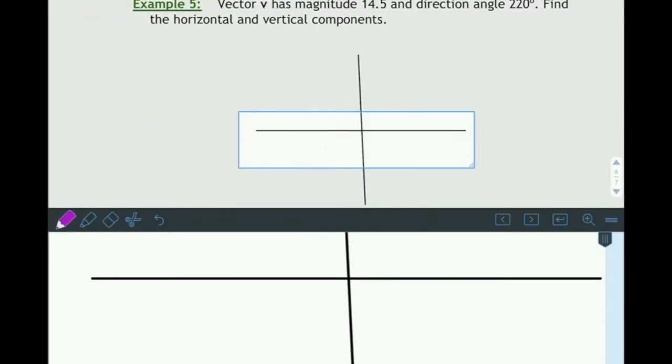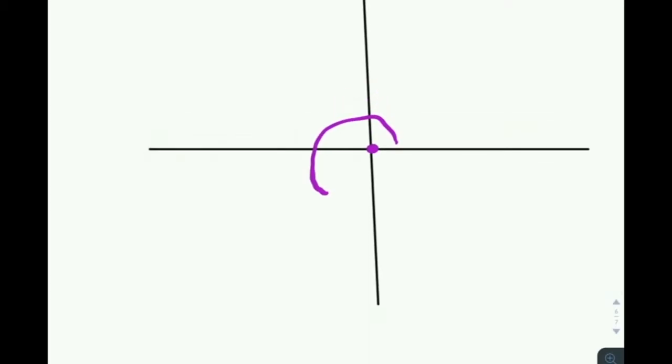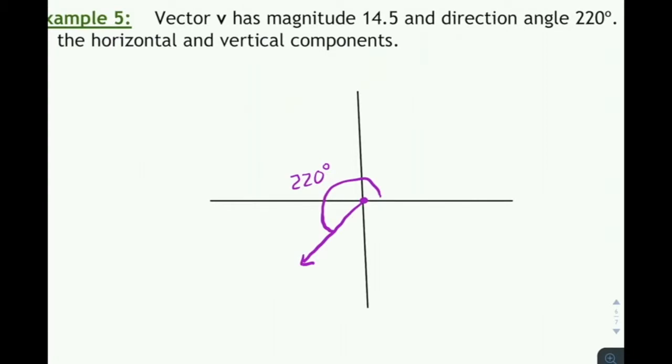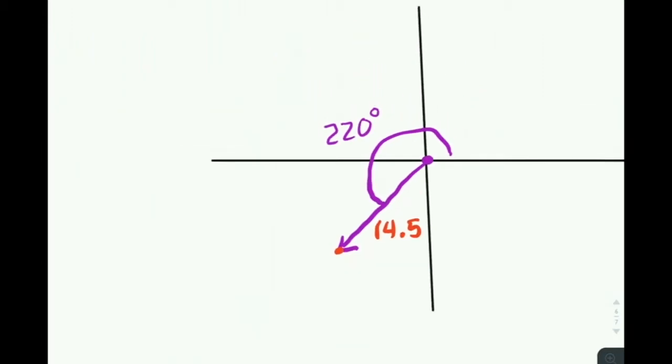If this is a 220 degree angle, we know we're going to be down here in quadrant 3. So that's 220 degrees right there. The magnitude of this vector is supposed to be 14.5. So I draw my terminal point there, with a magnitude of 14.5.